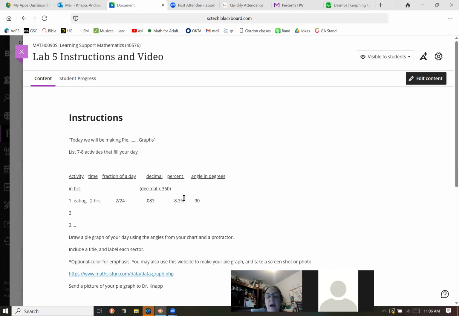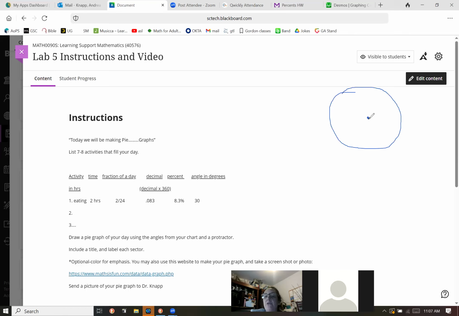And then we're going to turn this into a pie graph. So we'll multiply this percentage, or this decimal actually, times 360 to figure out how many degrees on your circle graph will be dedicated towards that activity. So here's our circle graph. So on this one, we have 30 degrees.